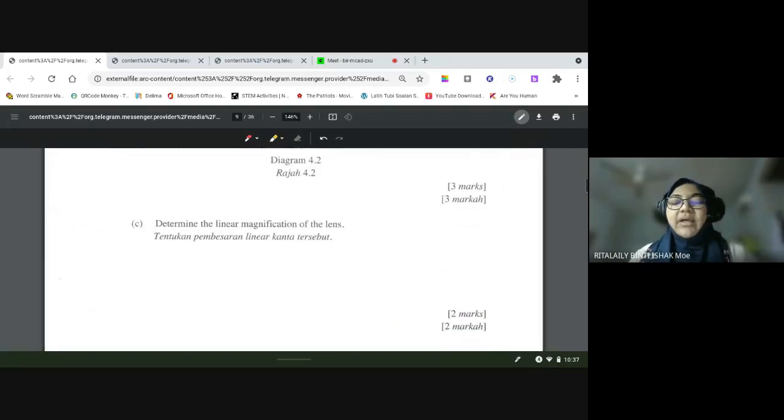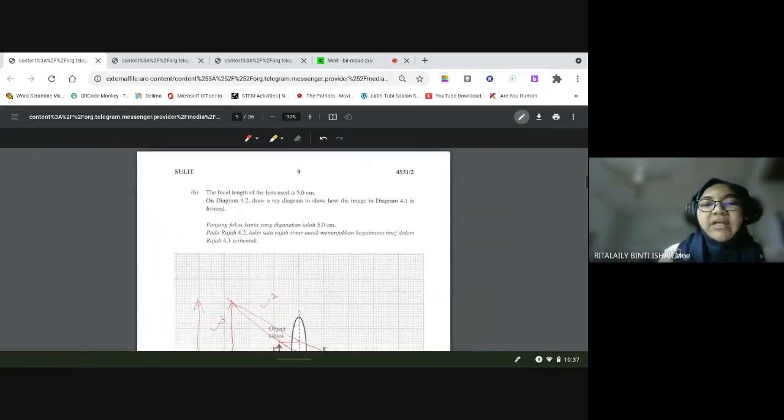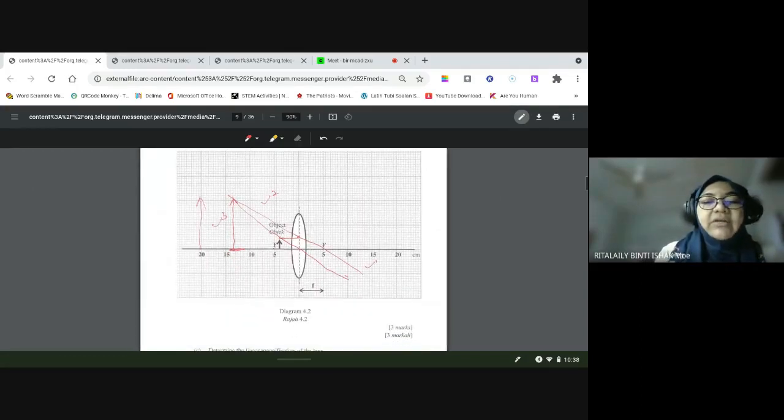Yang kedua, kita boleh gunakan formula. Saya tak sure lah saya punya gambar rajah ni betul ke tak. So kalau lukis betul-betul, siapa yang dah lukis? Dapat tak 20 cm?